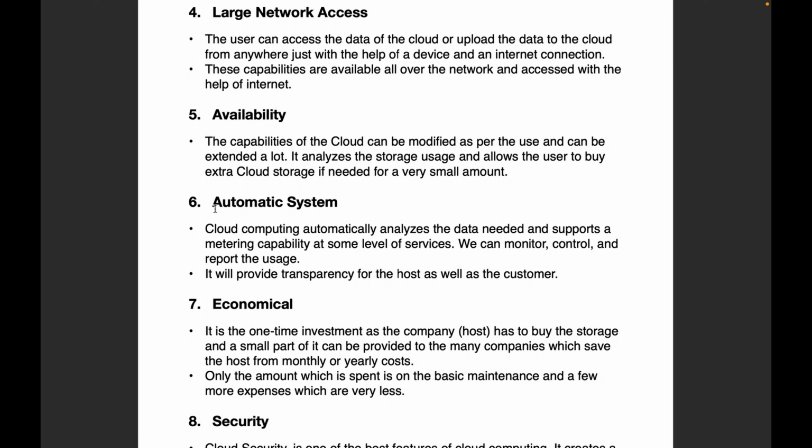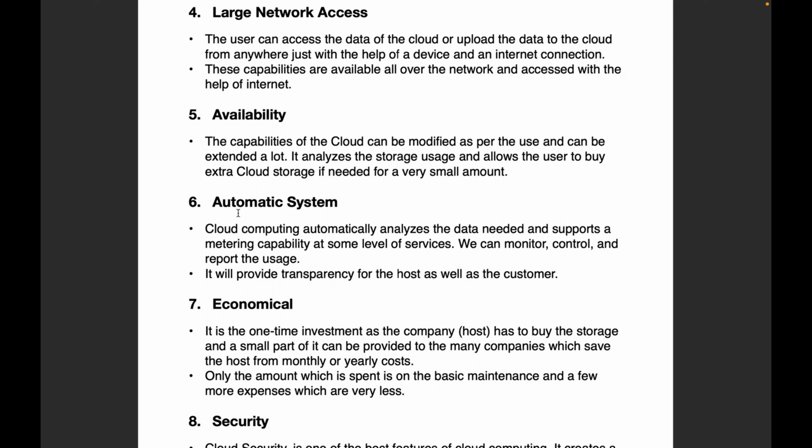Then the sixth feature is automatic. We have discussed serverless. Serverless is something where we don't need to configure the system, compute or storage configurations. Based on the volume of the data, it can scale up by itself. We don't need to do it.